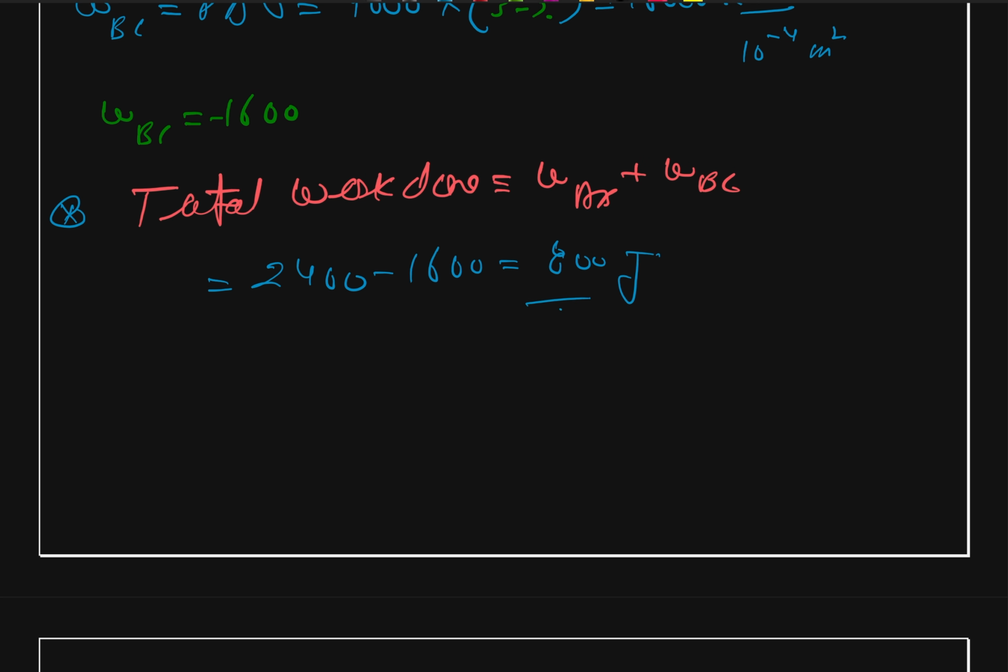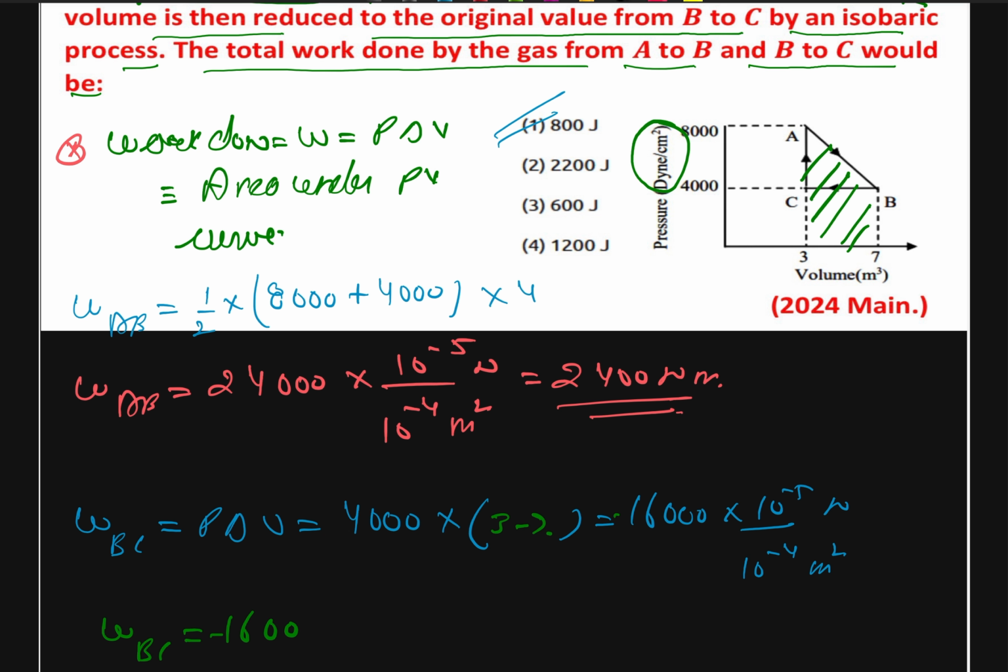So option 1 is correct. In this case we use both formulas, because the pressure is constant for BC, so we use P delta V, and for AB we can use the area under the curve.